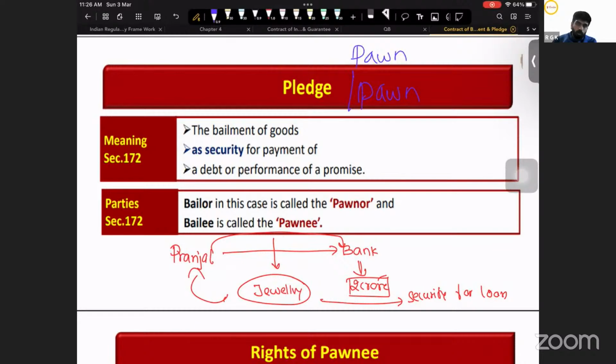You might have seen the show on History TV18, Pawn Stars. That entire show is doing this pawn business. That is why the parties are called pawner, who deposits, or we can also call them pledger and pledgee.